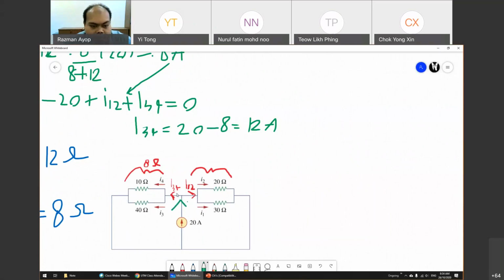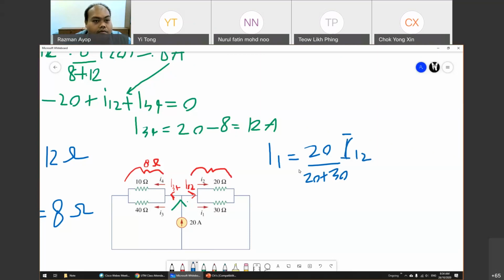So you already applied the first current division. So you have to apply again to get the current for I1, I2, I3, I4. So for this case, I1 equals to, remember, if you want to get the I1, you use the resistance at I2. So 20 divided by 20 plus 30 multiplied by I12.